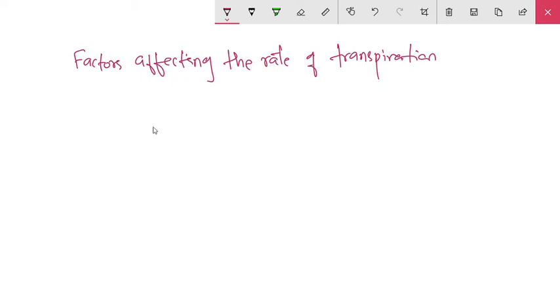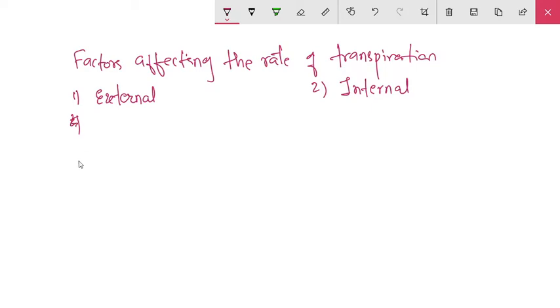There are different factors, which are categorized into two categories: the external factors first, and second, the internal factors.